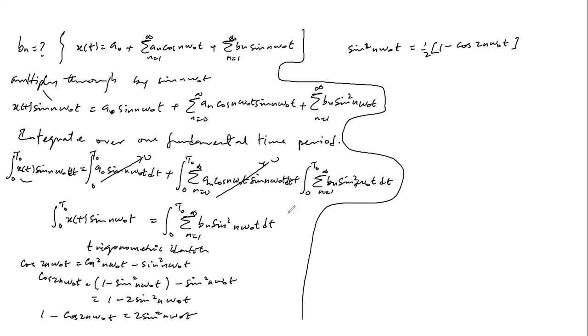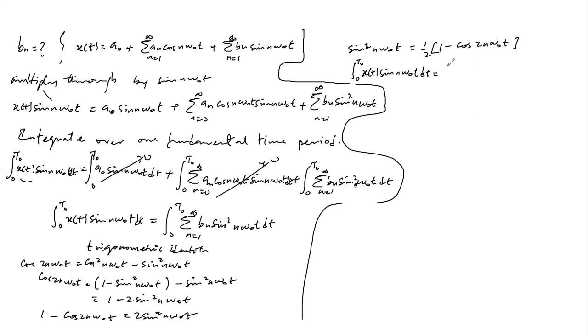So once we plug that into this parameter, in other words, we're going to get the integral from 0 to t naught of s of t sine n omega t dt. This is dt, please.